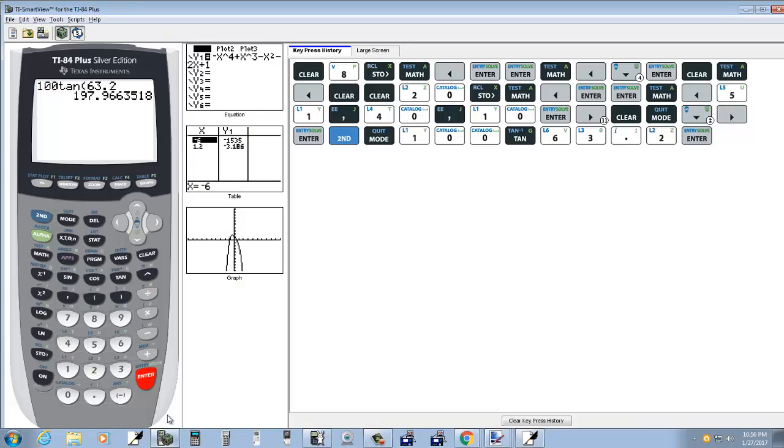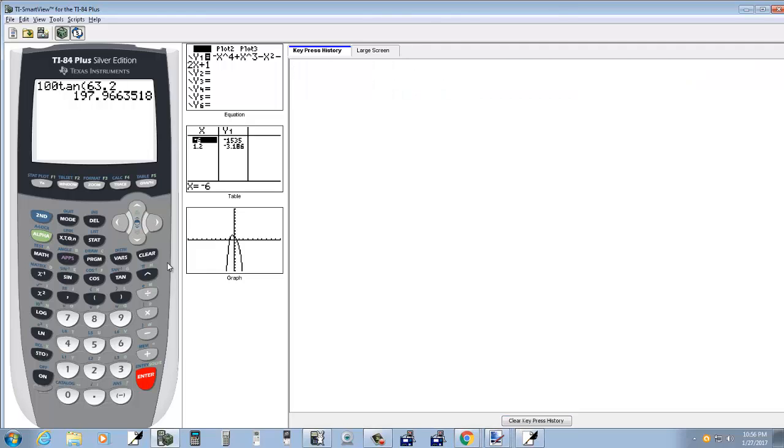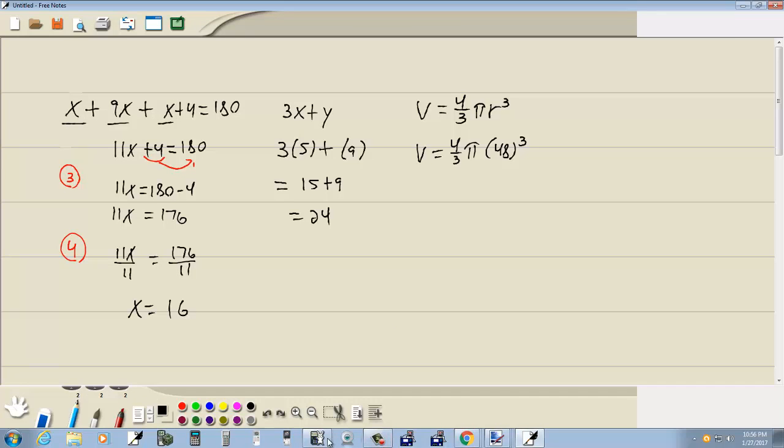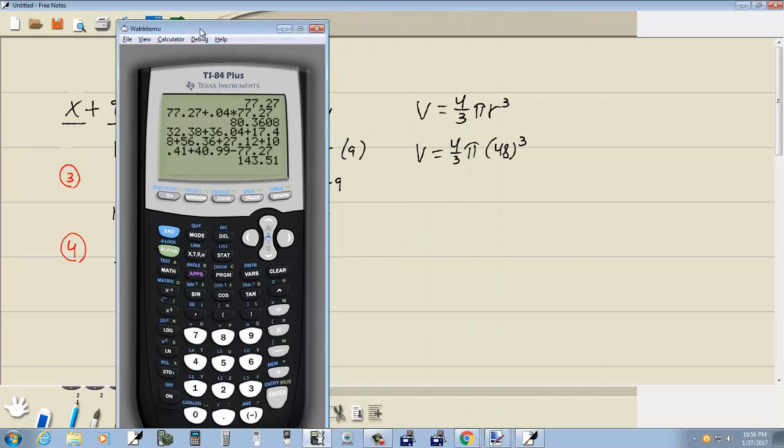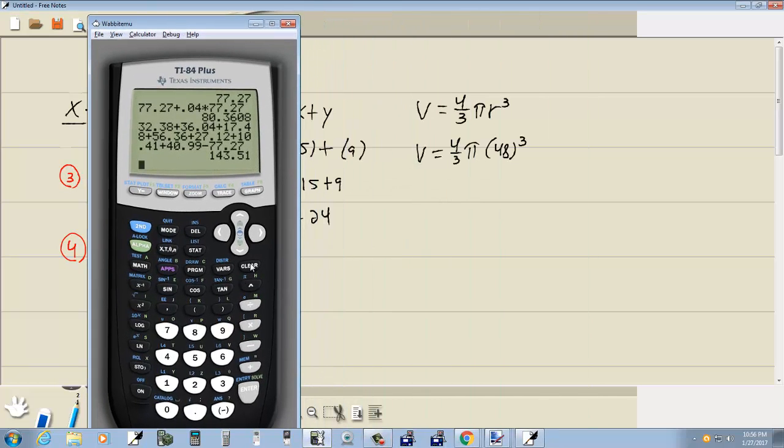I don't know why I got two different calculators up, but that one's broke, so let me close that. Let's try this one. I'm being lazy. 4 divided by 3 times 48 caret 3.